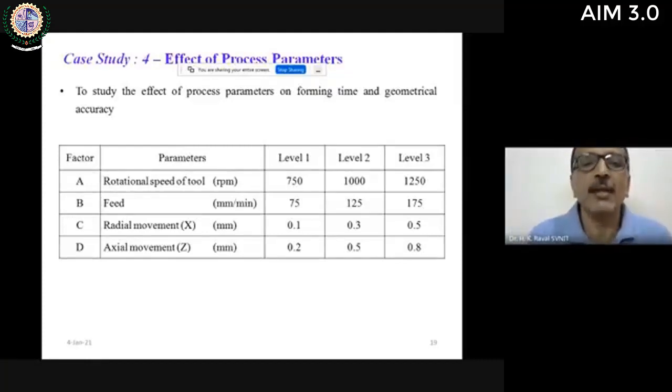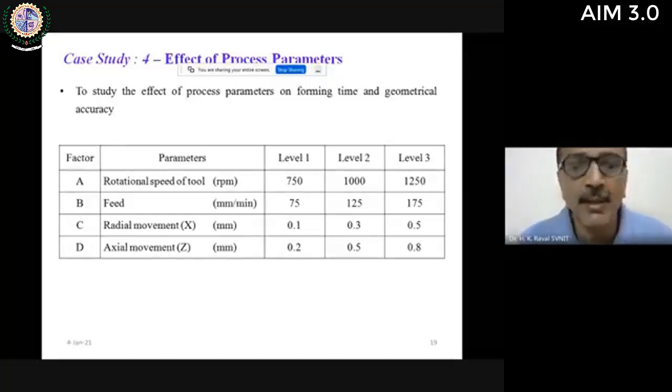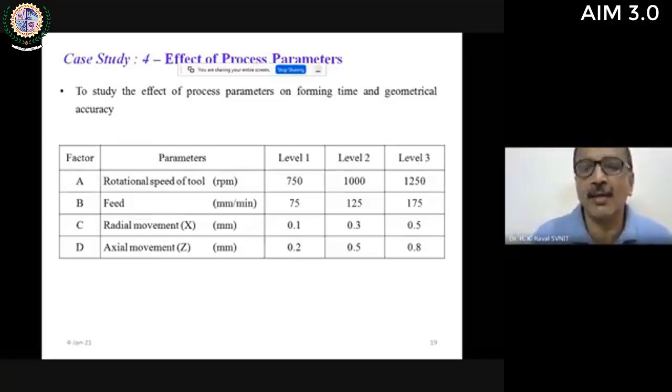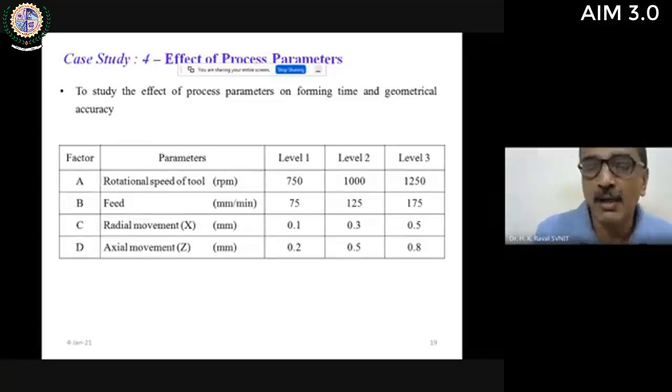So after these preliminary findings, we extended the study with parametric investigations. You can see the various parameters selected. The RPM was selected from 750 to 1250, and the feed rate was selected from 75 to 175, with 125 in between. Then the radial movement, that is X movement, was set at 3 different levels, and the axial movement, Z, was set at 3 different values.